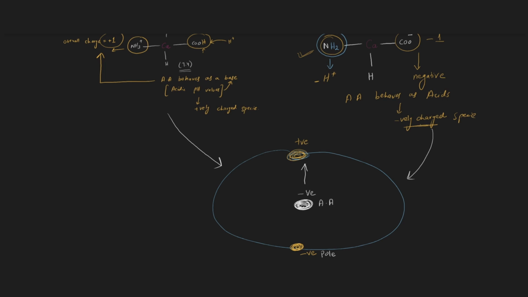So when the amino acid behaves as a base and has a positive charge, it moves towards the negative pole when the electric field is turned on. And similarly, when it behaves as an acid and has a negative charge, it moves towards the positive pole when the electric field is turned on.